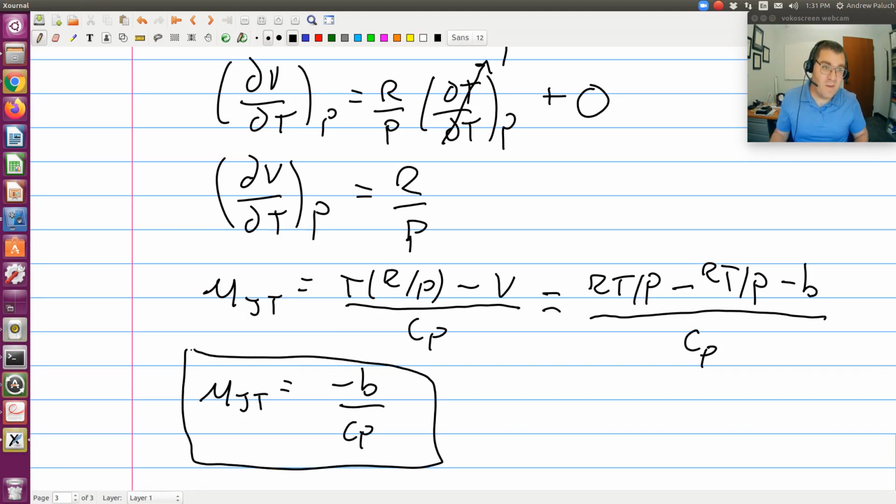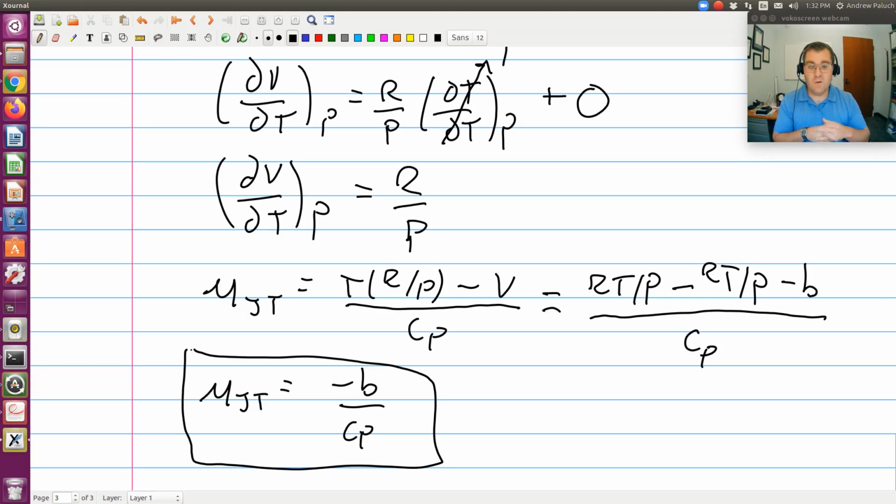Okay, what does this mean? Well, we said B is a constant, and it's equivalent to the volume occupied by a molecule on a per molar basis. So it's the volume occupied physically by our molecules. Cp is our constant pressure heat capacity, so dH dT at constant P. We know our heat capacity is positive, and B is going to be positive, because it's the volume occupied by a molecule.